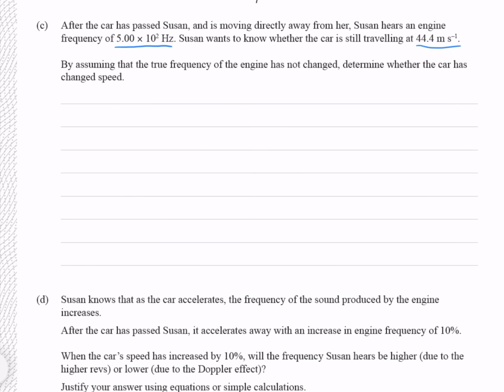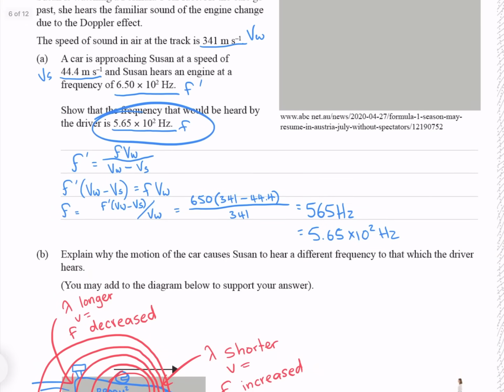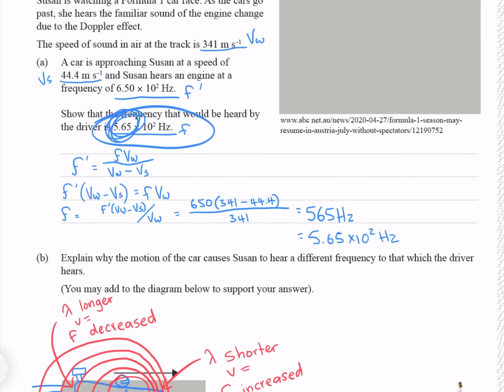Let's take stock of what we have. We have our observed frequency. We know that the vehicle is moving directly away from her, which means that our plus-minus sign is going to be a positive. We are told to assume that the true frequency of the engine has not changed, which means that it must still be 565.